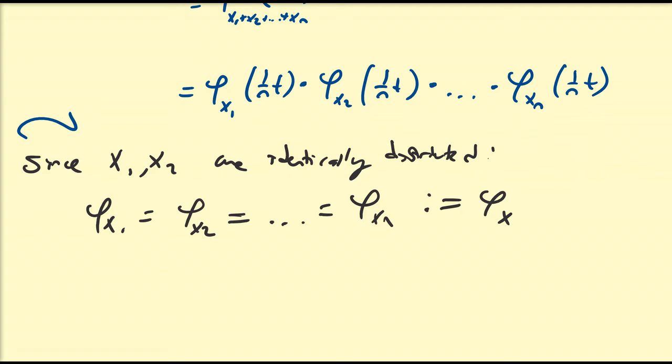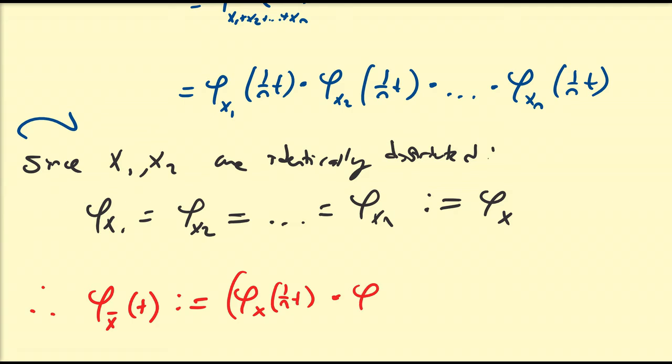So therefore, that means phi x bar of t is going to be equal to phi x of 1 over n t, times phi x of 1 over n t, times all the way out to phi x of 1 over n t.